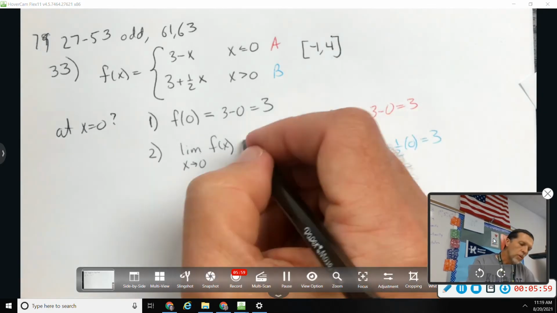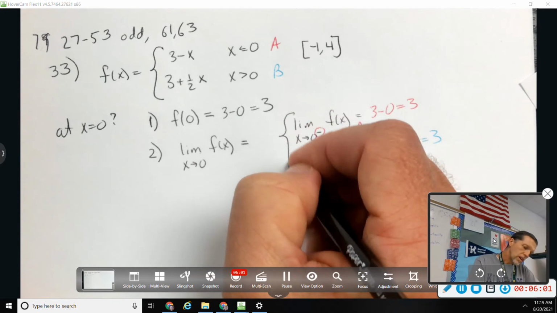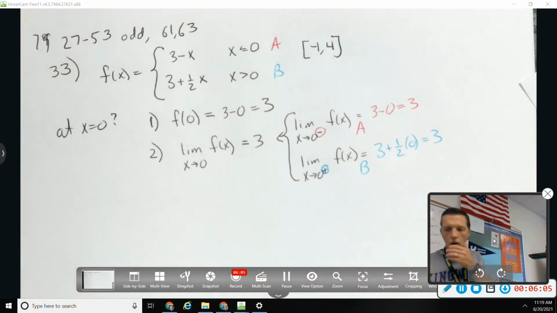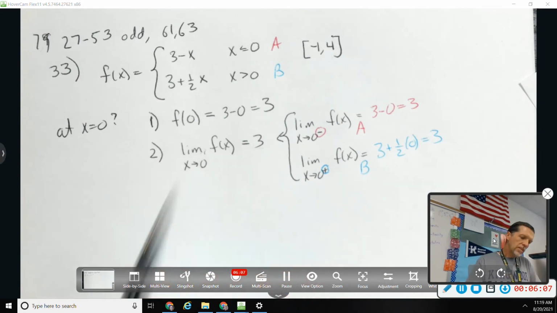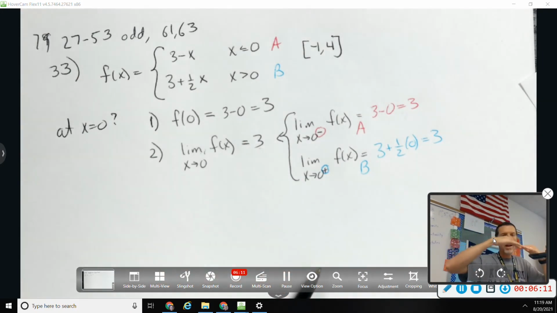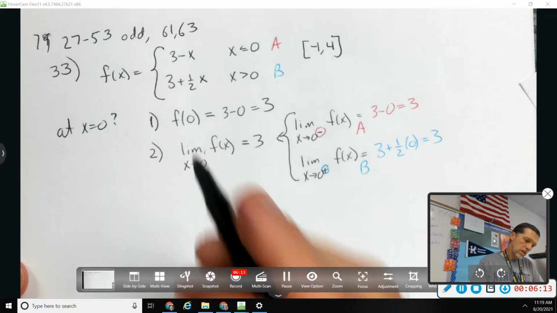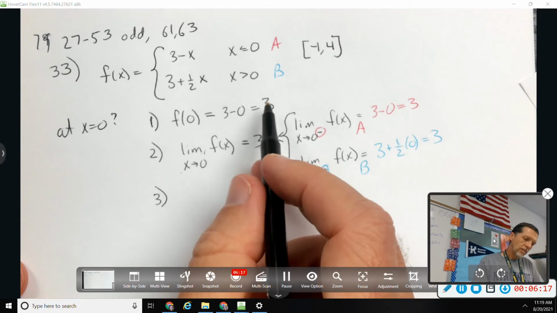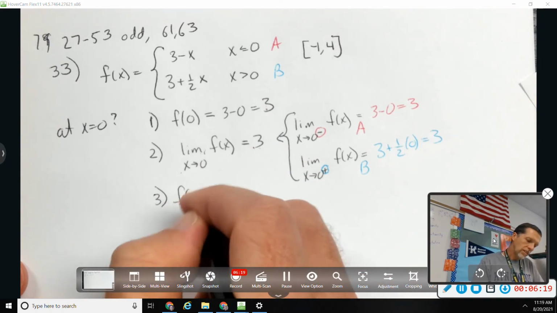But since they're both equal to 3, that means the limit's equal to 3. So they do come together and hit at the same spot, at 0, 3. And then lastly, I'm just looking to see if the function equals the limit, and it does.